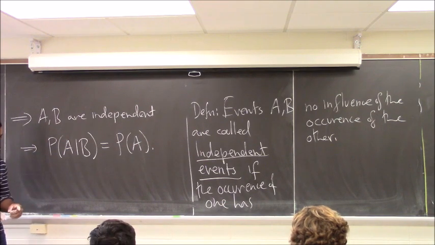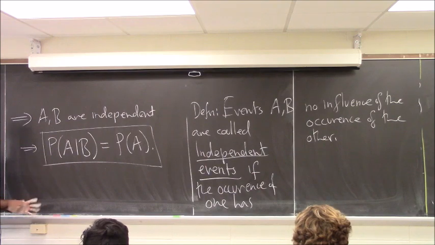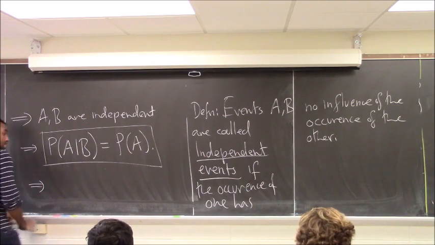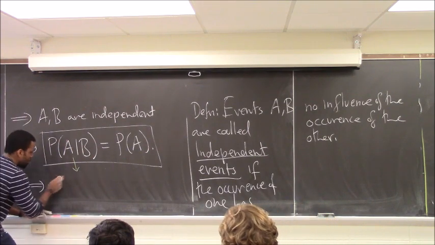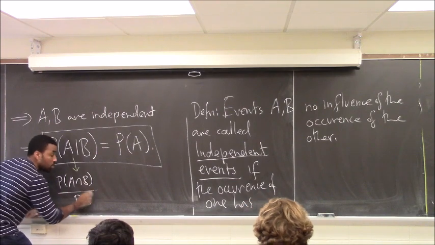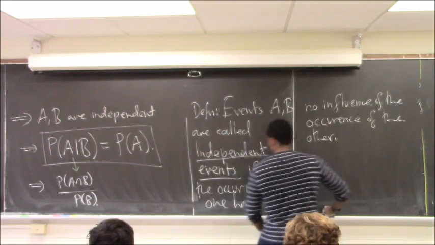What does that mean though? This is a very important equation, by the way. This is something that you should know in general, but I want to give you another formula. We know that this, by definition, is going to be the probability of A and B divided by the probability of B, right? So here's what we can obtain from that.